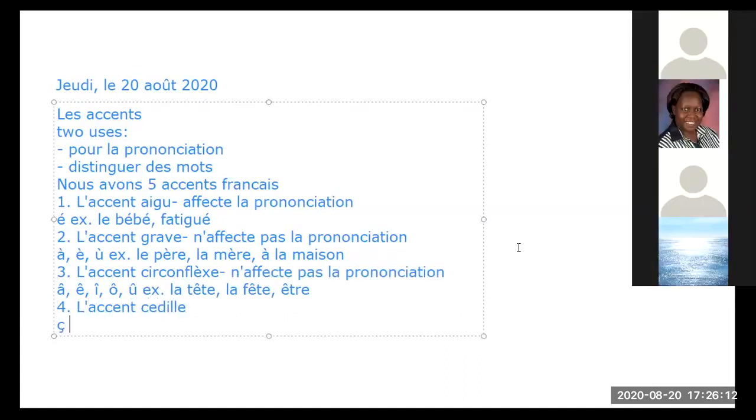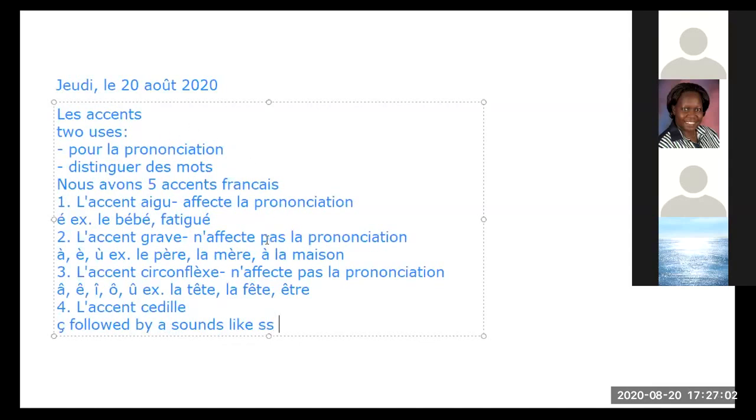L'accent cédille is only applied with one letter, and that is letter C. Mostly when we have C followed by A, O or U, we have C with an accent below it, hanging like a tail, to modify it to attain the sound of double S. So whenever you see that accent below letter C, it is always sounded like sa.